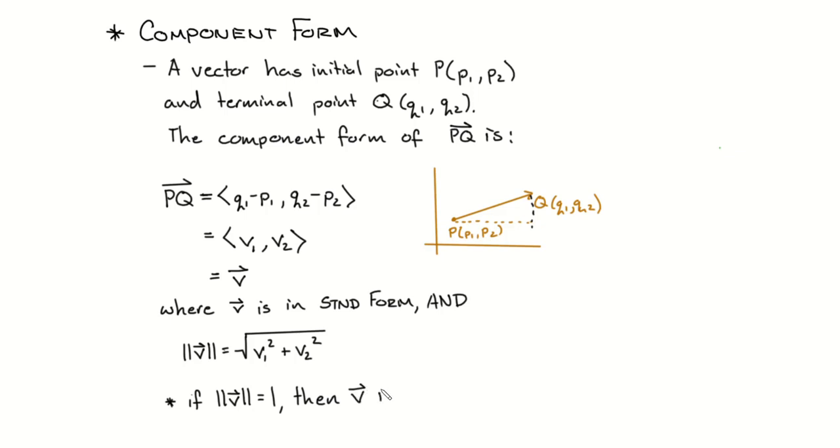Then v is a unit vector. And this language hopefully sounds okay, because just like our unit circle, it just means that we have a length of 1. A unit vector is just a vector with a length of 1 unit.